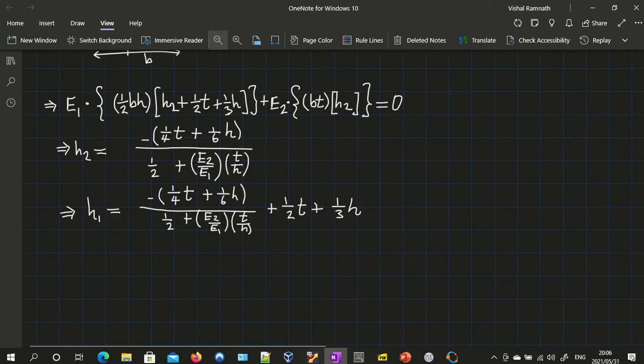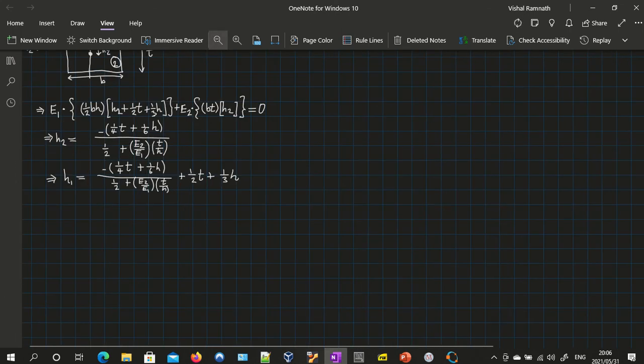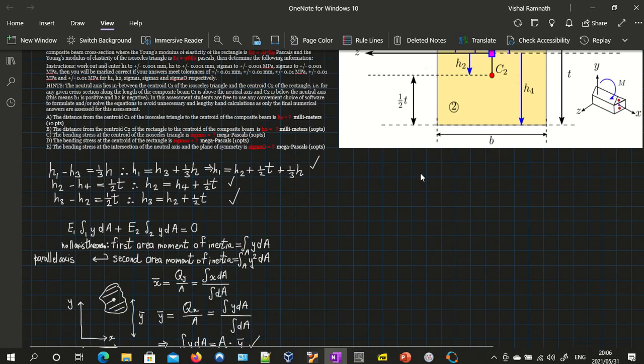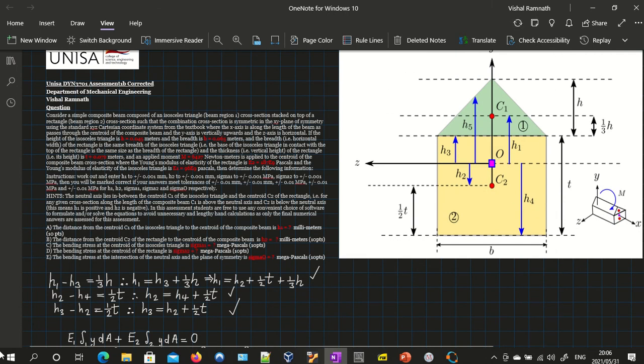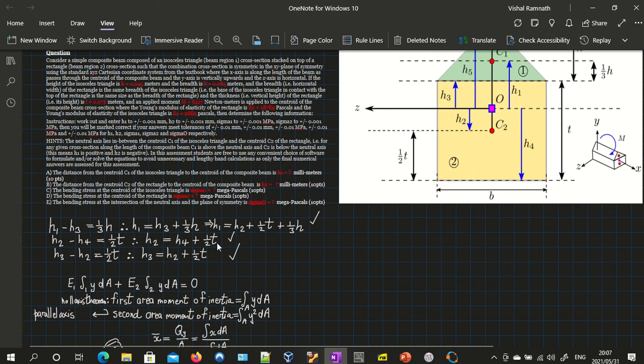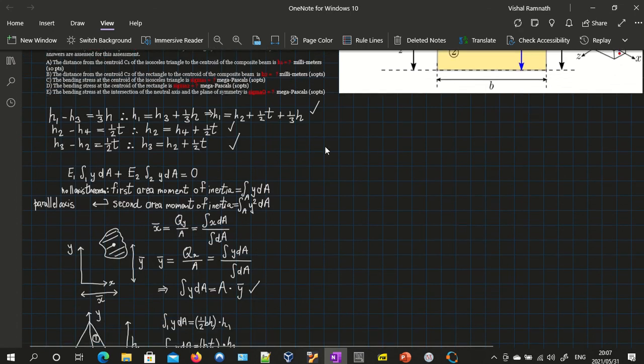Where are we and what are we doing? We had the structure, we used the geometry, we expressed all of the geometry in terms of one unknown, H2. So H1, H3, H4, H5, everything in terms of H2.